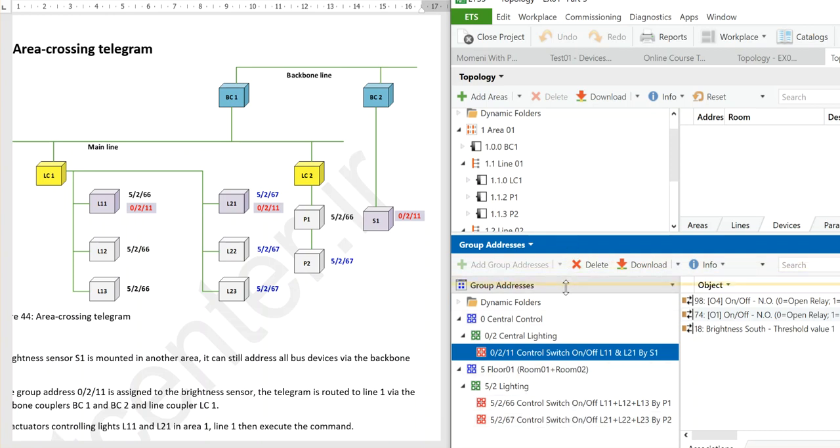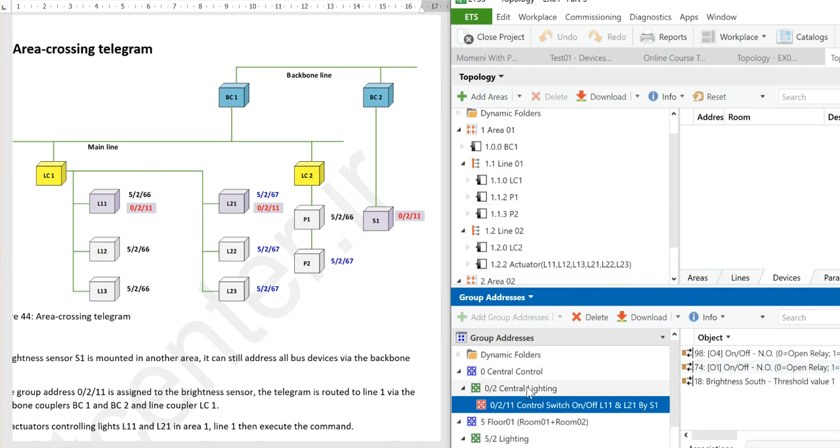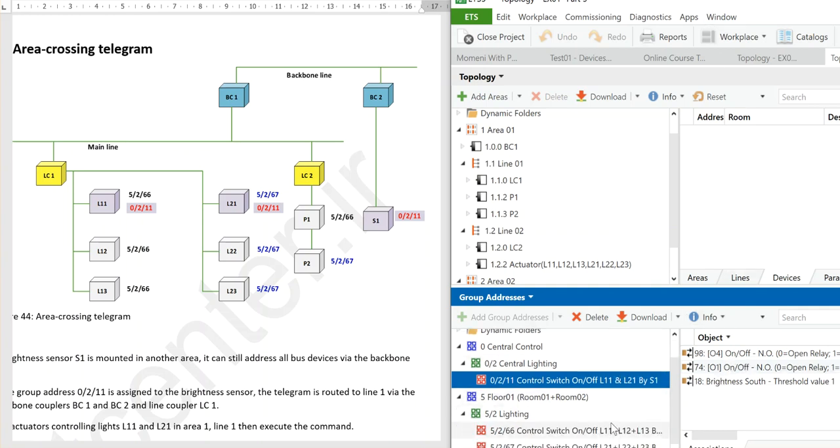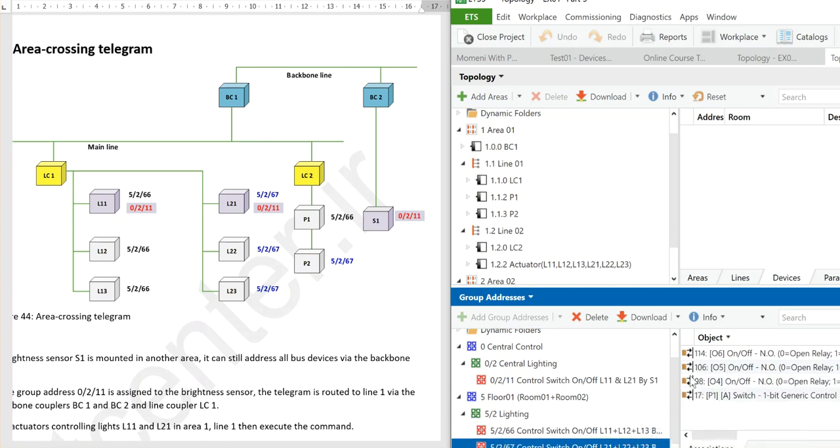So let's see, when we create this project and make the links in the group addresses, you can see these group addresses are filled with the group objects of the devices.